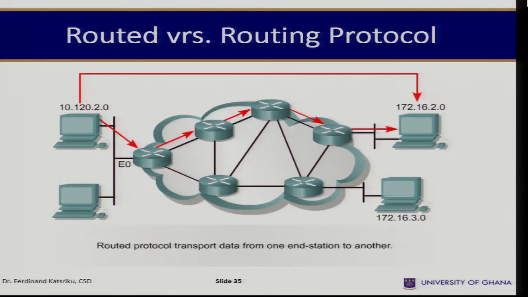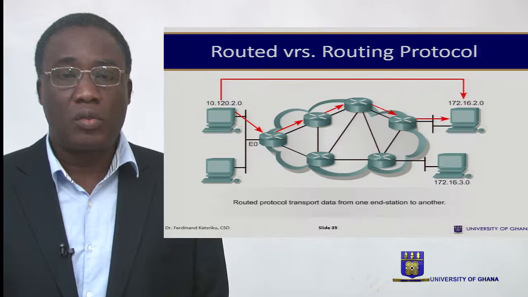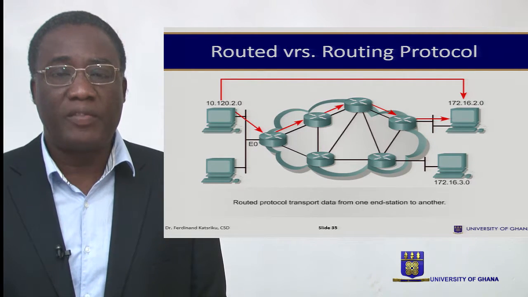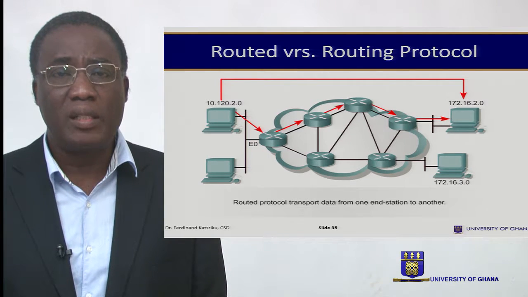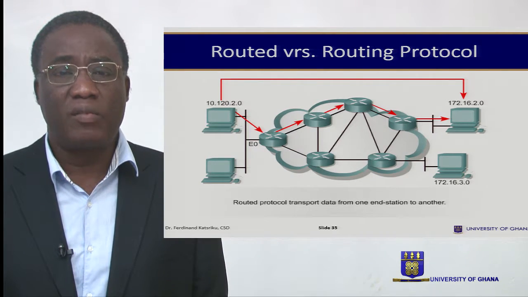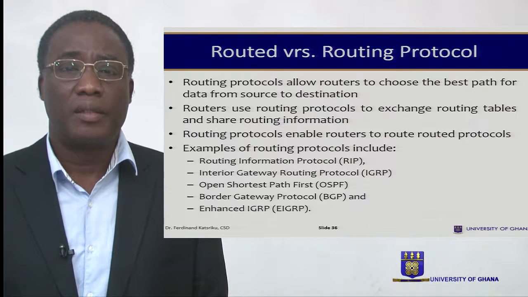The diagram here shows you how a router protocol can transport data from one end station to another. So you can see the paths it follows. It's quite similar to an earlier diagram we saw, but that one was more detailed, giving you the IP addresses of the intermediate routers.